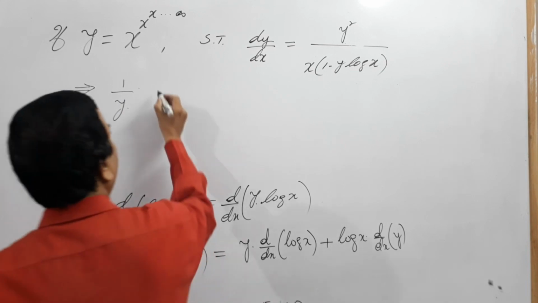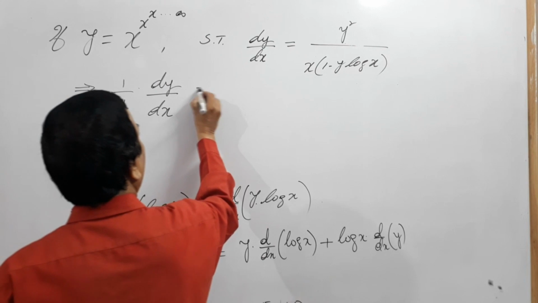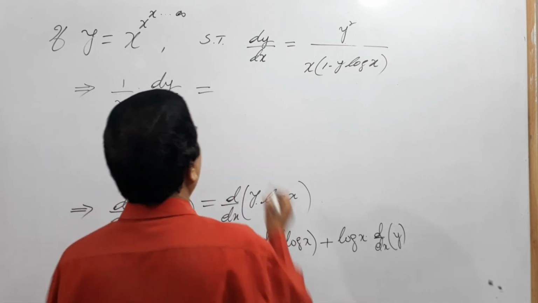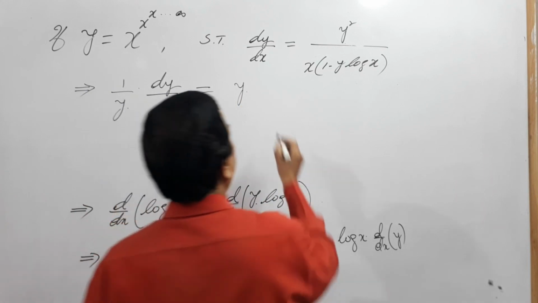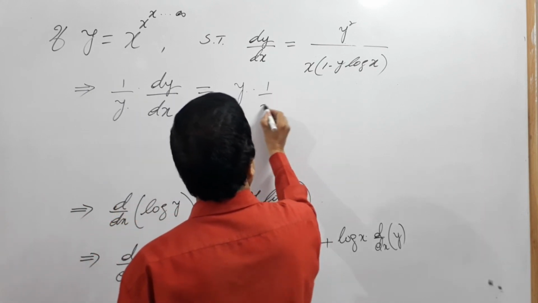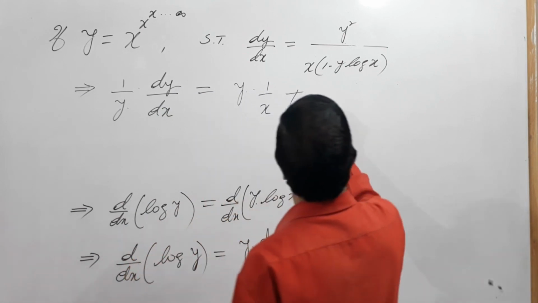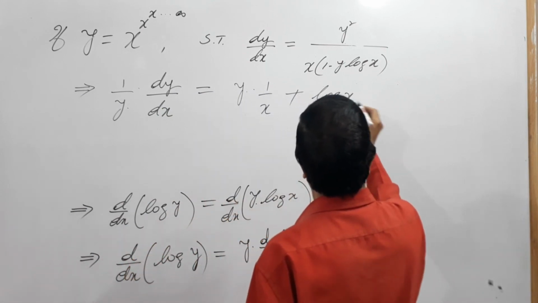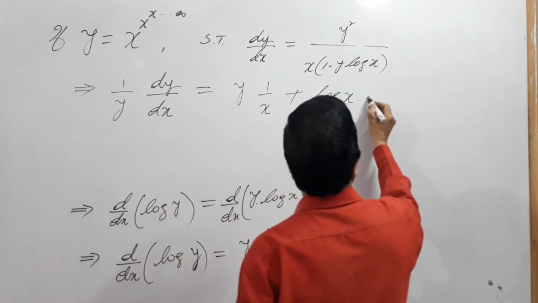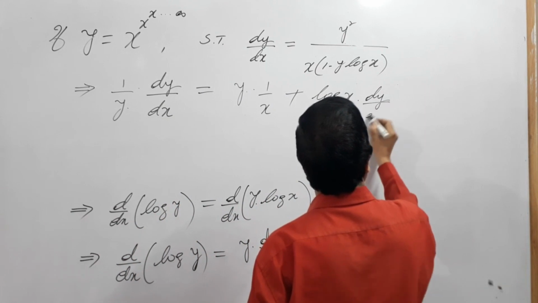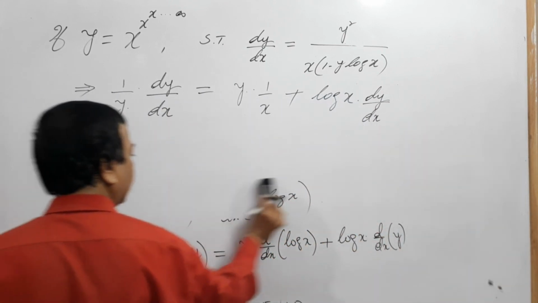Differentiation of y is dy by dx, equals y keep as it is. d by dx of log x is 1 by x, into 1 by x plus log x. d by dx of y is dy by dx. So I write this.